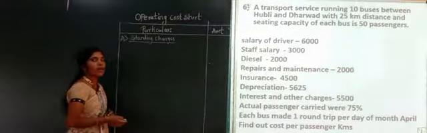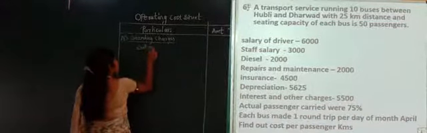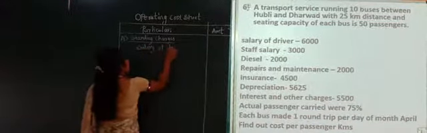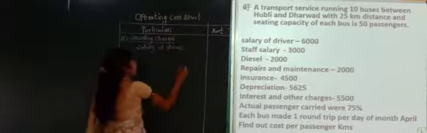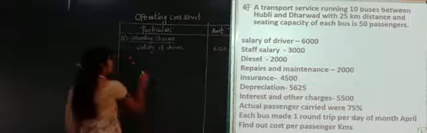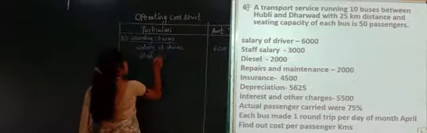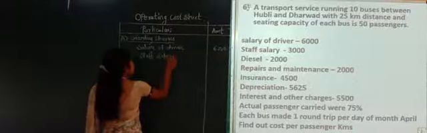Under standing charges, the first item to take is salary of driver, 6,000. Next, staff salary, 3,000.